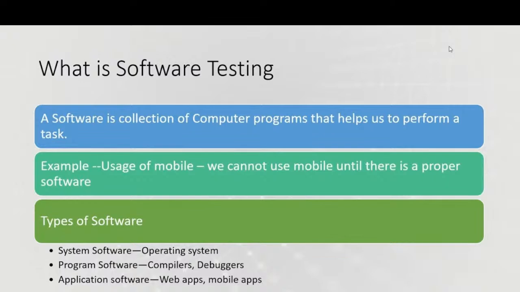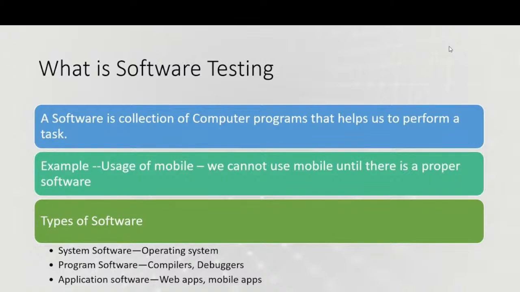Now we will understand what kind of software testing we will do. It might be operating system software, or you might be working on a compiler or debugger, just checking what is the issue and what is not an issue. You might be into that kind of project, or you just test the application, a web application or a mobile application.